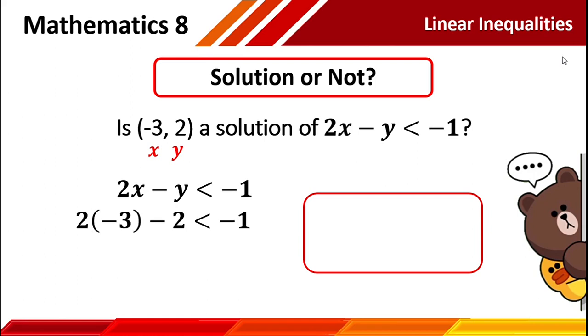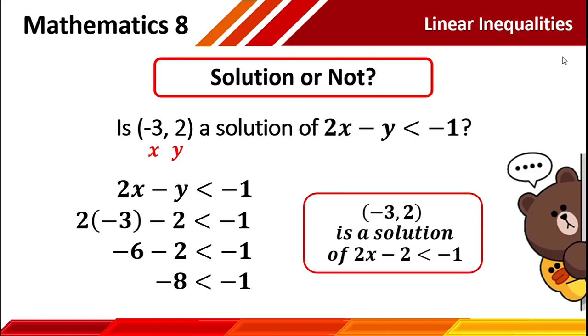To simplify, 2 times -3 is -6, minus 2, that is -8, is less than -1. And we know that -8 is smaller than -1. Therefore, (-3, 2) is a solution of the inequality 2x - y is less than -1.